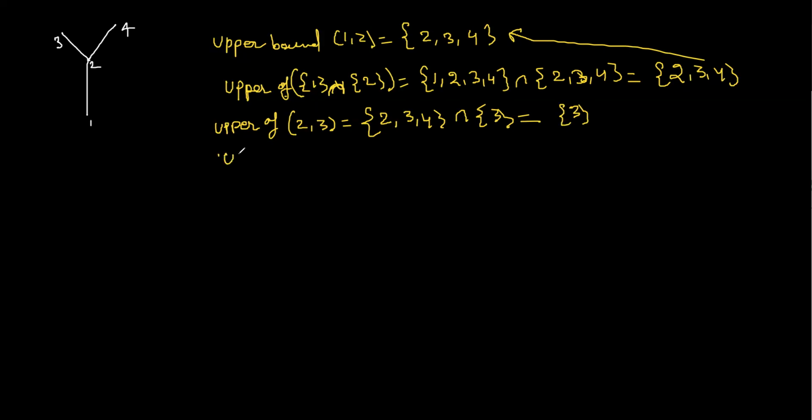If I ask you the upper bound of 3, 4: the upper bound of 3 intersection the upper bound of 4 is nothing, 5. So there is no upper bound of 3, 4. Understood? There is no common element. Okay? Yes.